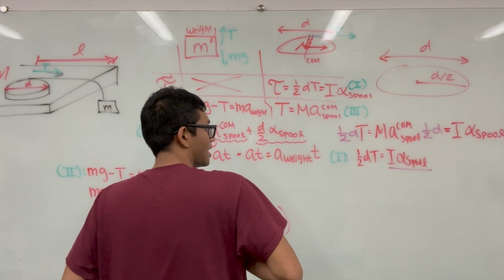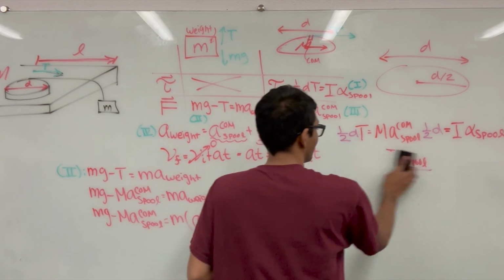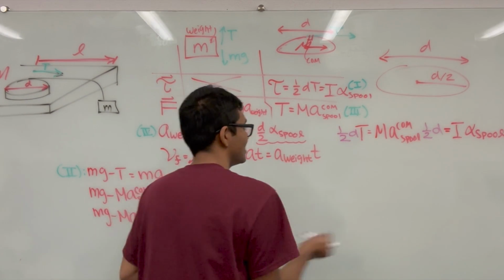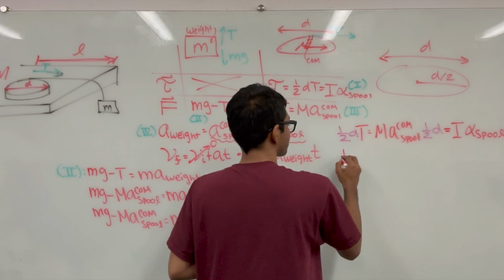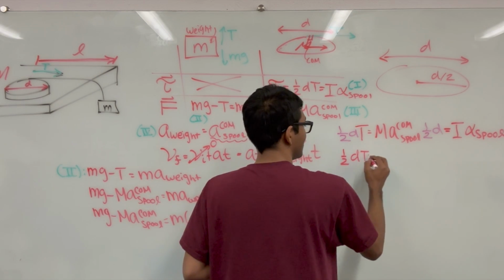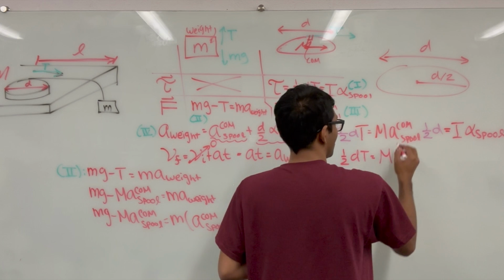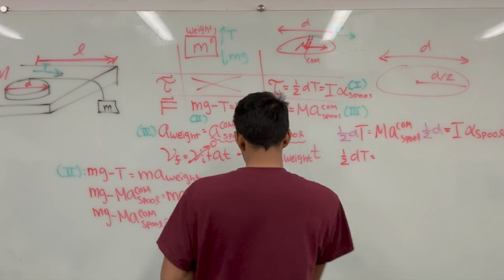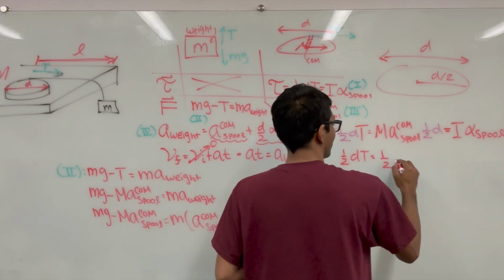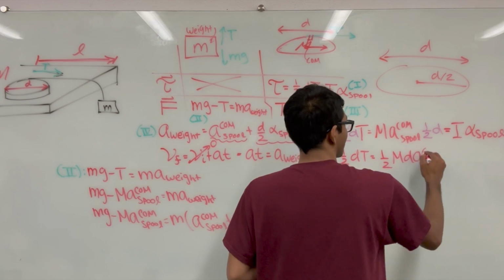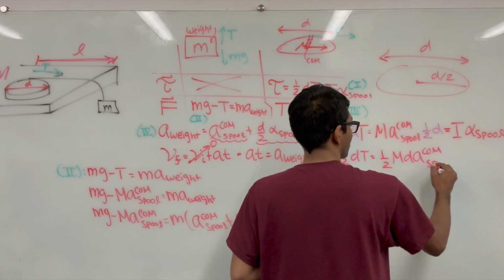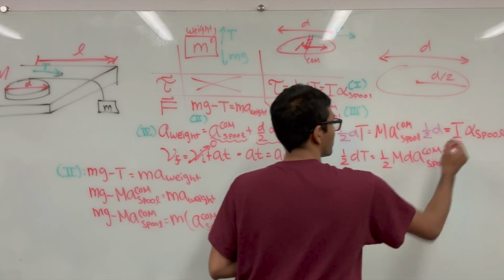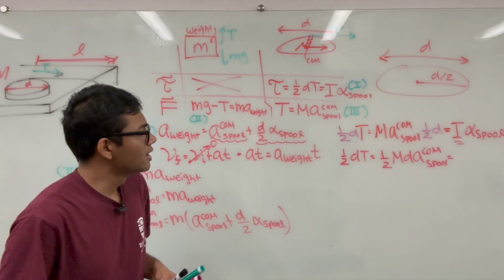So now I can exploit this to figure out some important quantities. First thing I'm going to do, I'm going to write 1/2 dT is equal to m times... well, actually, let's move that 1/2 factor out to the front. So I have 1/2 md times the acceleration of the center of mass of the spool, is equal to, now what's the moment of inertia of a spool?